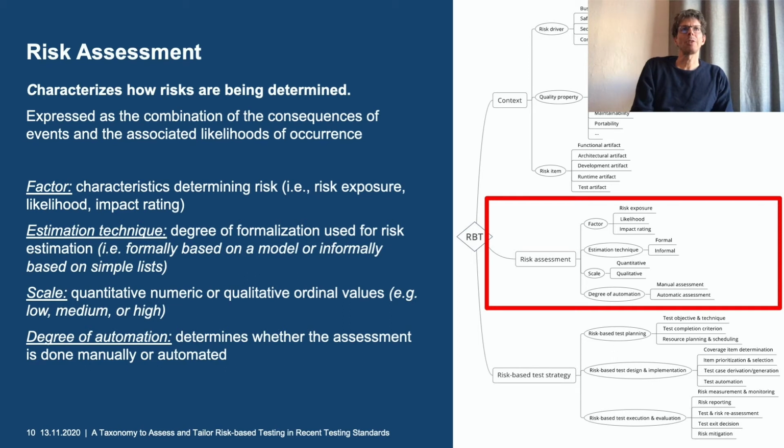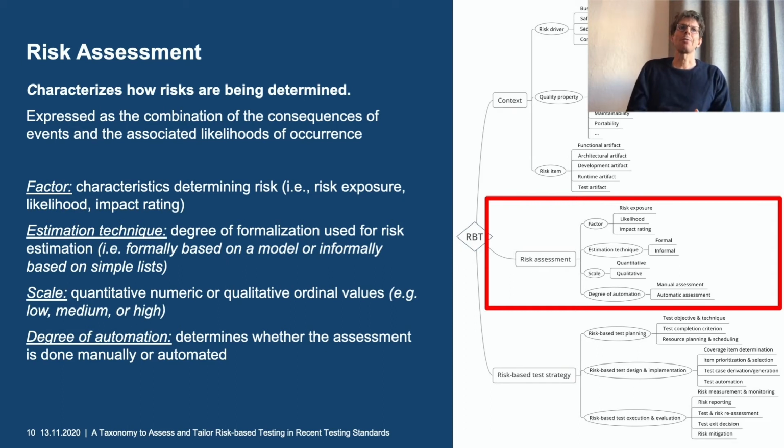Next we have the risk assessment itself. This characterizes how the risk is being determined. Here we distinguish the factor that characterizes the risk. It could be the risk exposure, which is the interplay between impact and probability, or a likelihood, or just an impact rating.